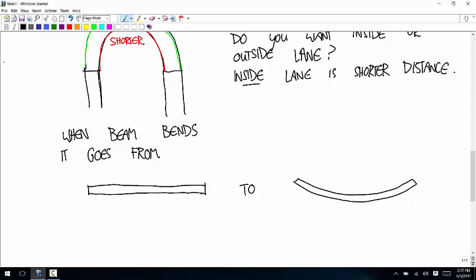It doesn't do it that much, or else the small deformation assumption wouldn't be met. But when it bends like that, the top is now shorter.